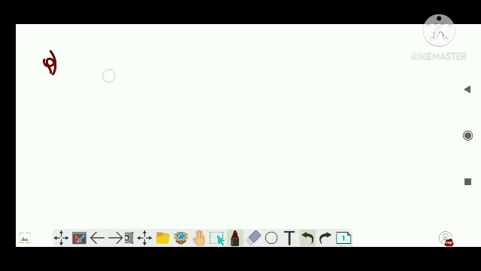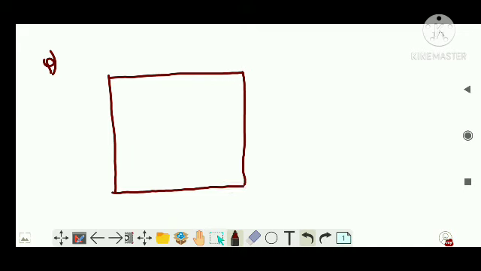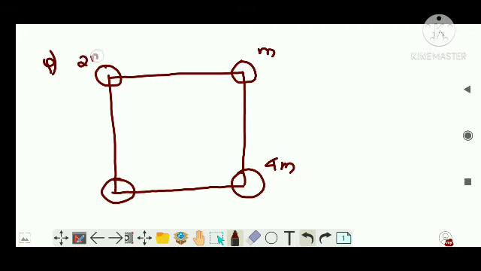Now let us say I am doing a lot of problems to make sure that you understand the center of mass concept, because without understanding the concept you cannot go for moment of inertia, etc. Suppose this is 4m, this is m and 2m, and this is mass 3m, positioned at the corners of a square.